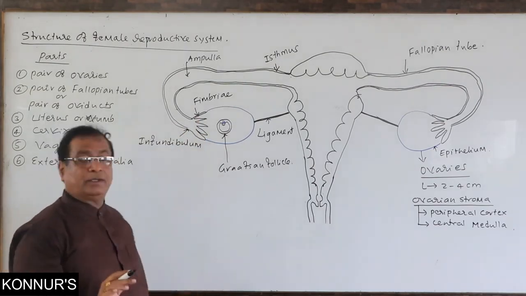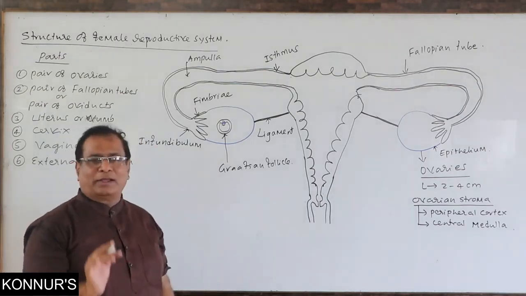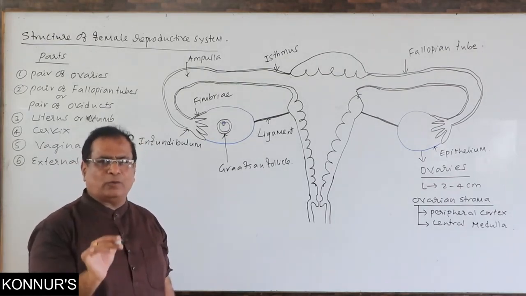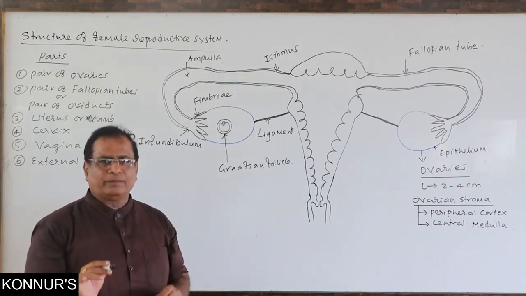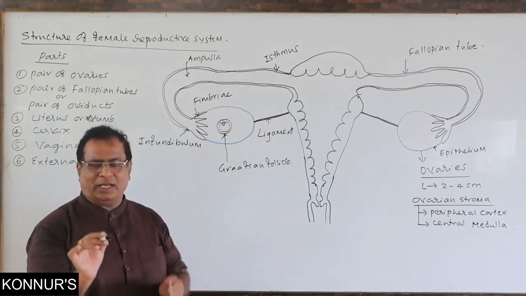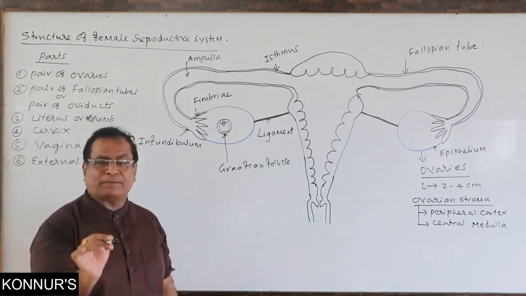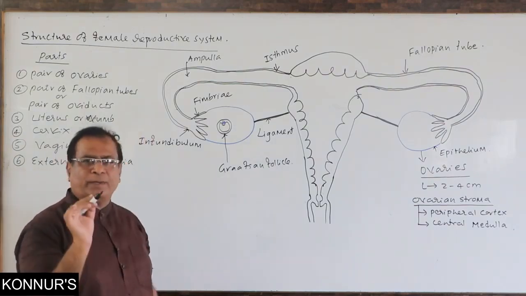And one more thing we must remember, that is ampulla. Remember, ampulla is the part of the fallopian tube where we find fertilization. A fusion between egg and sperm takes place in the ampulla part of the fallopian tube.